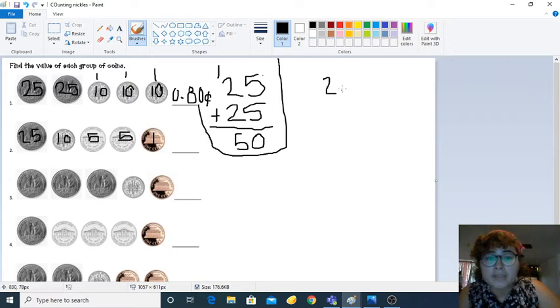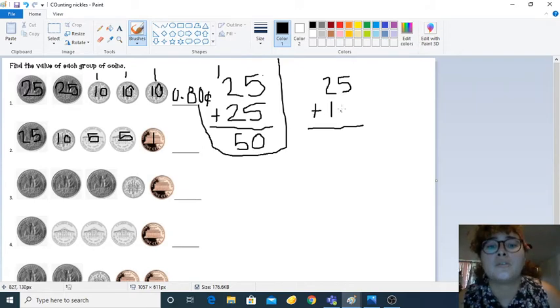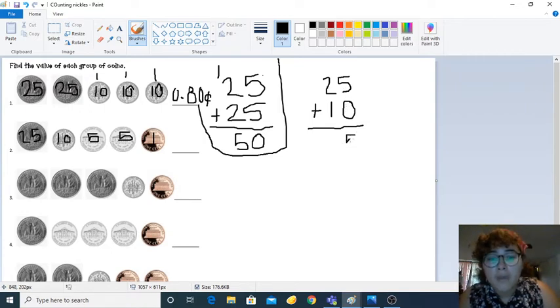25 plus 10. Now, we did 10 more, 10 less in class, but in case you don't remember, if it's 25, you add 10 more, it's 35. Once again, you can use this method to be able to add the numbers. So of course, 5 plus 0 equals 5.